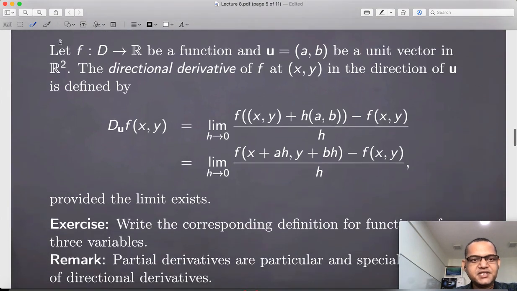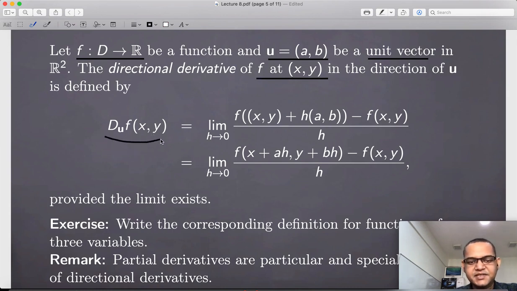So this is the definition. You start with a function from R2 to R and take a specified direction. Let us call it u, the vector (a, b), and assume that this is a unit vector, that is, the modulus is 1. Then the directional derivative of f, as you can guess, is defined by this limit. This is precisely the same thing, with (0, 1) replaced by (a, b).